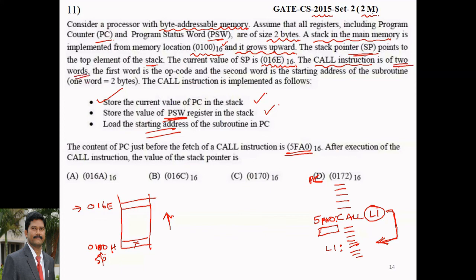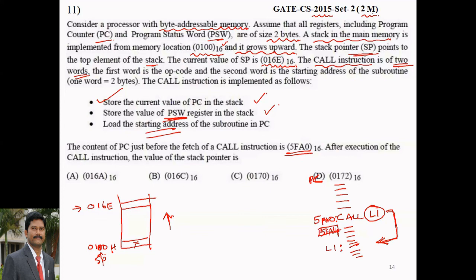Two words. The first word is the opcode and the second word is the starting address of the subroutine. Two words means 4 bytes, right? That means the return address is 5FA4.